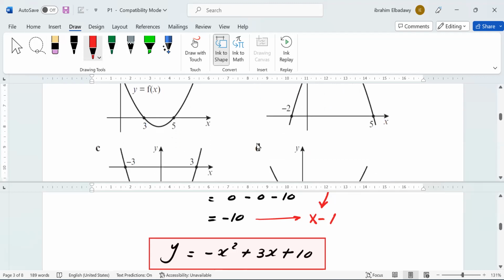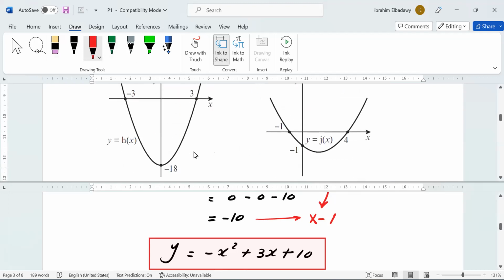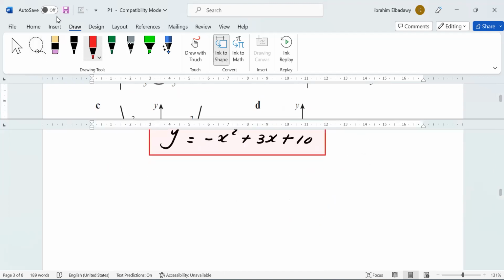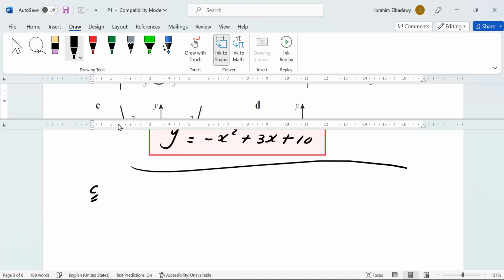Okay, let us take another example. We can take, for example, C. Again, in the beginning, at y equal to 0, write whatever you have on the x.